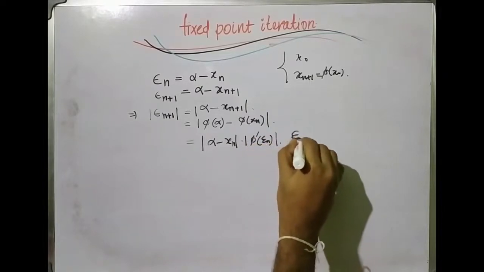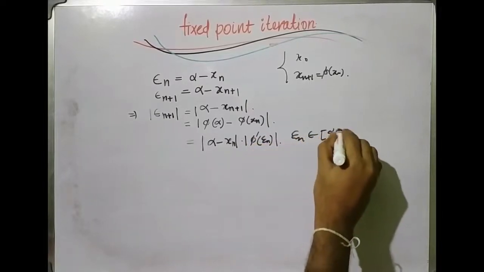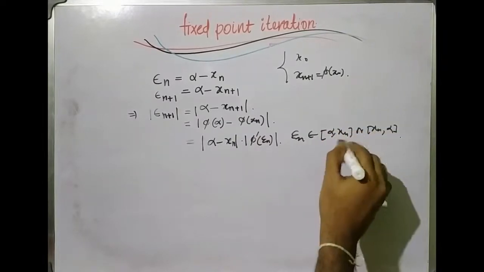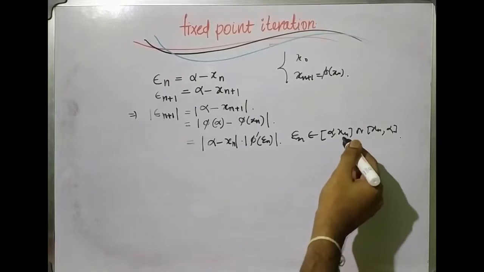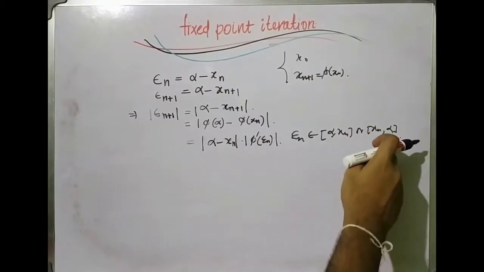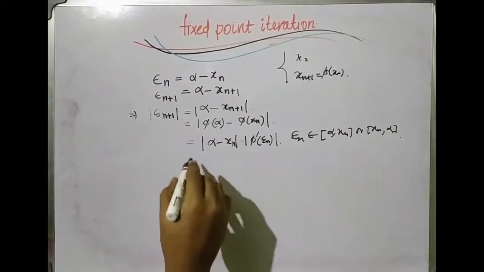Where xi n belongs to the interval alpha xn or xn alpha. It depends on whether alpha is greater than xn or not.